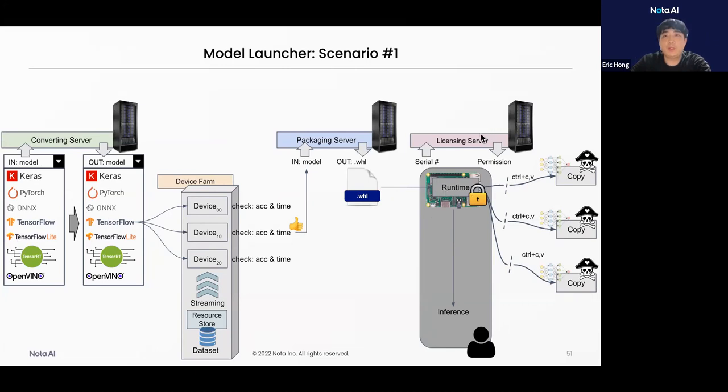And input of the licensing server is a serial number, and output is a permission, whether the device can use the build file or not. So if the build file is permitted by the licensing server, it gives the inference for the user. This is one typical scenario to use model launcher.